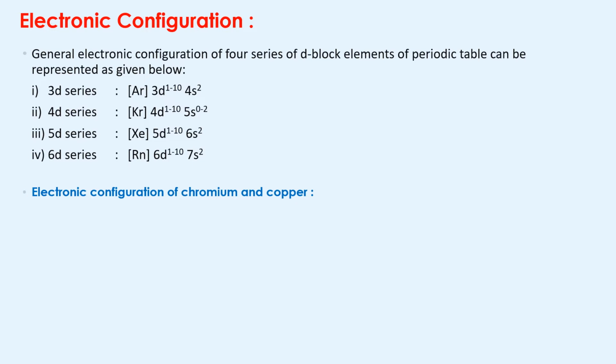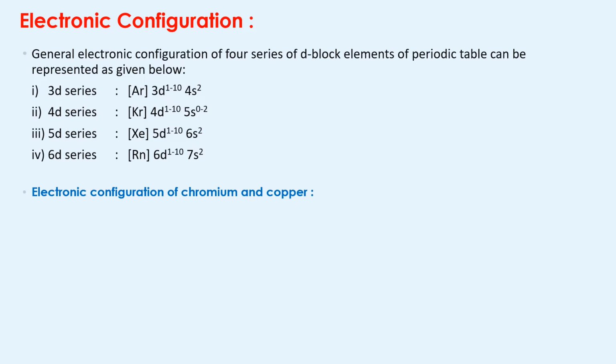Now we focus on chromium and copper because they show some unexpected electronic configuration. The observed and expected electronic configurations are different for chromium and copper, these two elements of the 3d series.